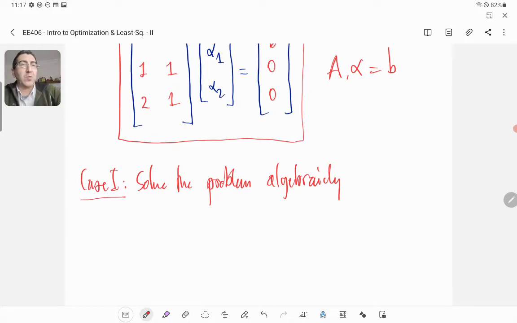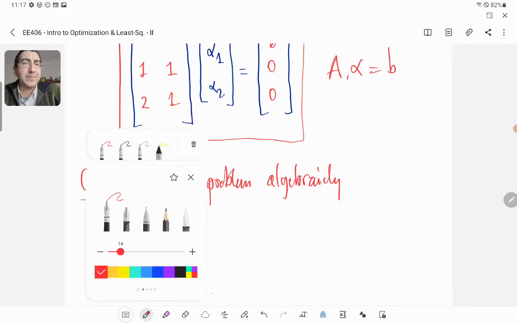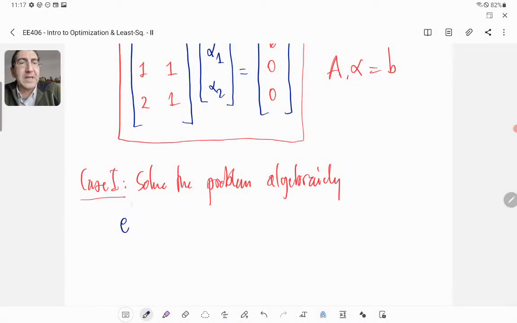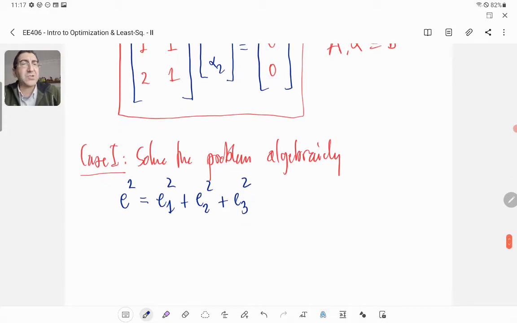Okay, so what is my error squared? The total error E squared will be E1 squared plus E2 squared plus E3 squared. I have 3 of them, right, one for each data point. Let's write each one of the errors.